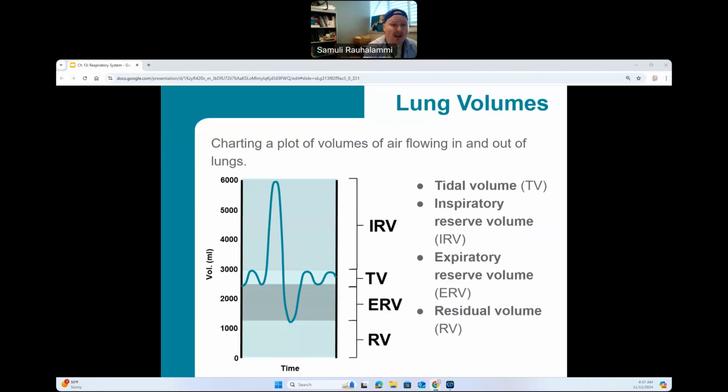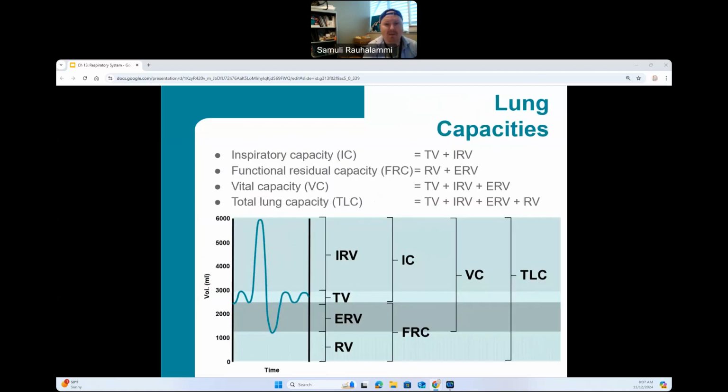And now we're going to take these lung volumes that we can measure and calculate lung capacities based on those. And remember, it is these lung capacities that we really use in clinical practice to assess patients' ventilation and how their lungs work. So let's start by looking at the inspiratory capacity.